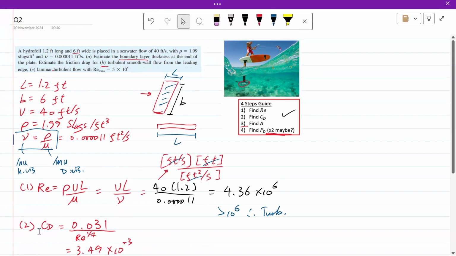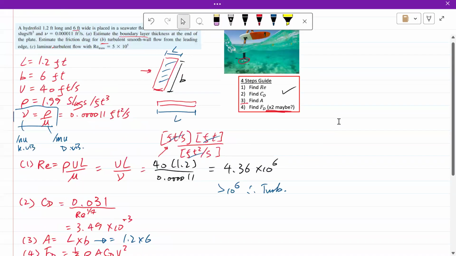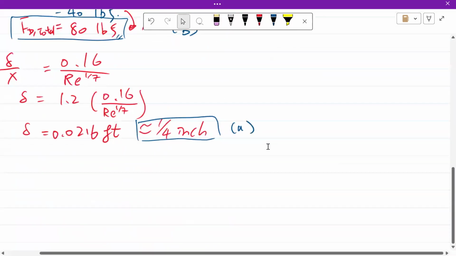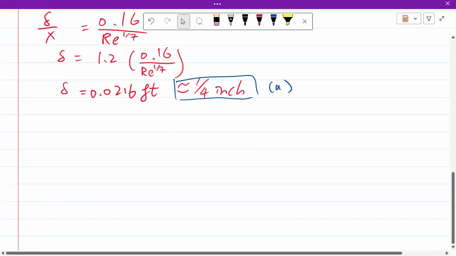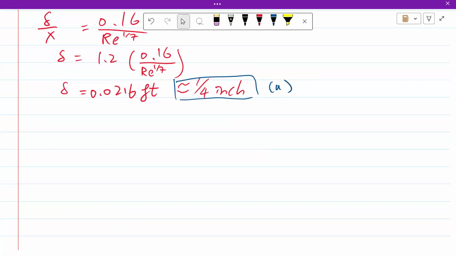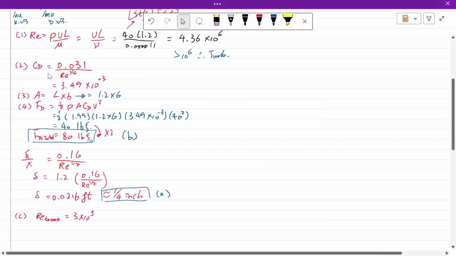So basically, we have to update our drag coefficient. Because remember, for transitional flow, we have different equations to calculate it. Your RE transition is equal to, what's it, 3 times 10 to the 5, right? Let's double check.